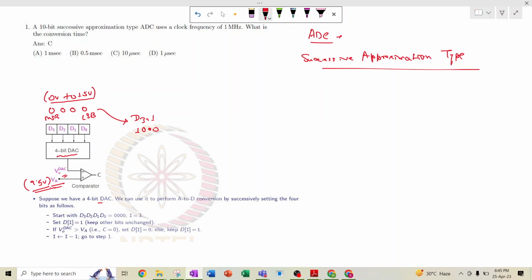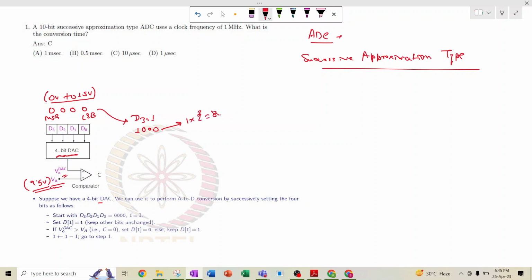At first we set the D3 bit to 1, so 1000 is the binary input, and the 4-bit DAC converts it to 8 volt, that is 1 into 2 cube.